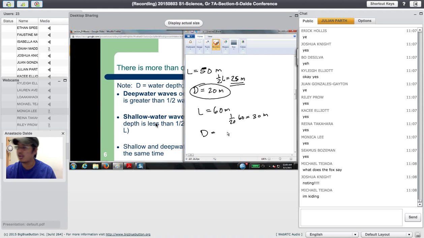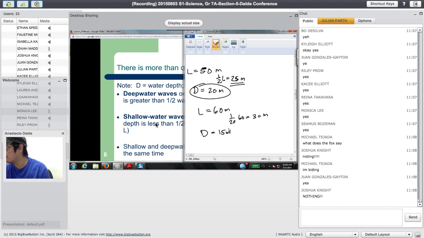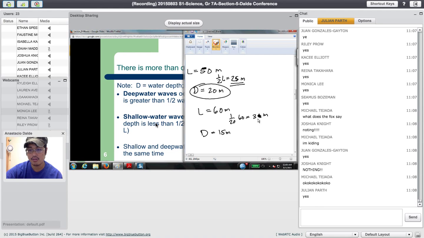Is this a shallow water wave? Actually, I'm sorry, 60 divided by 20 is not 30, it's 3. Is this a shallow water wave?